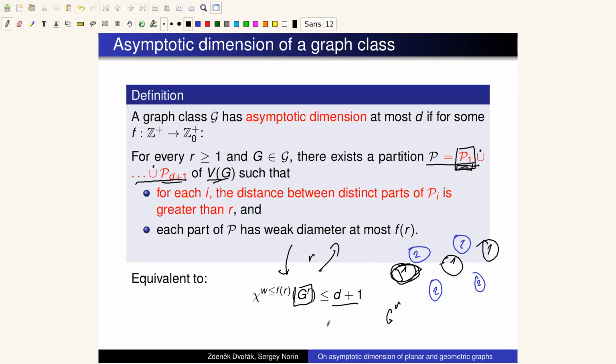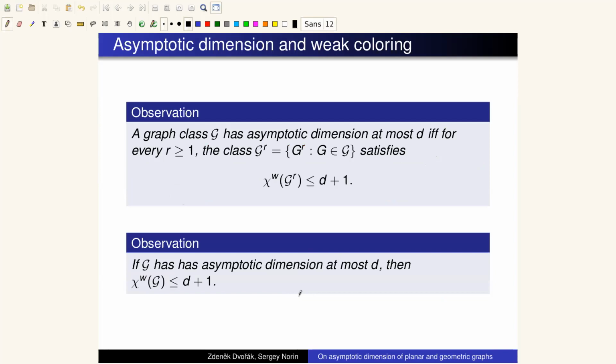So this definition just tells me that a graph class has asymptotic dimension at most D if for every integer r, the class of the r-th distance powers has weak chromatic number at most D+1.